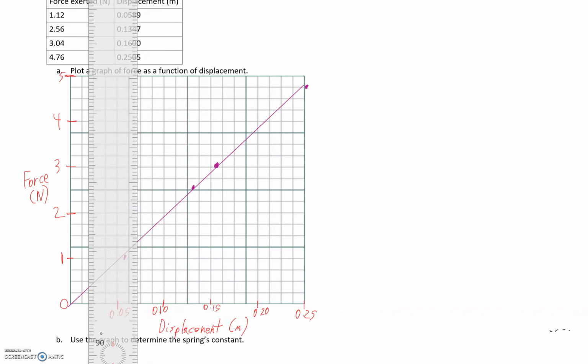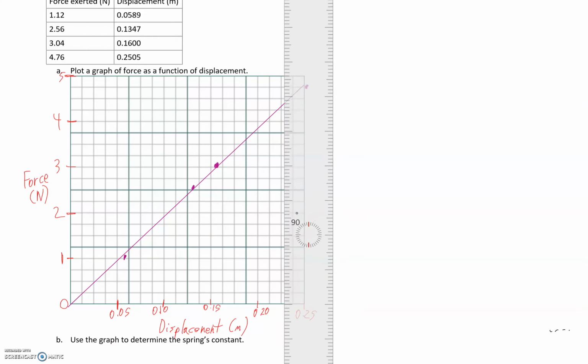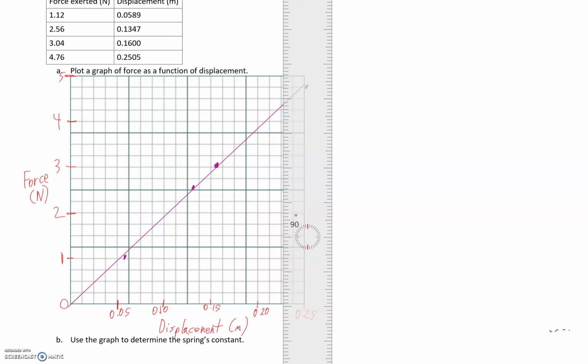Almost. But not quite. Okay. So if none of them perfectly line up, then you just kind of pick some spots and go with it. I would pick it on the line. So there is one value.